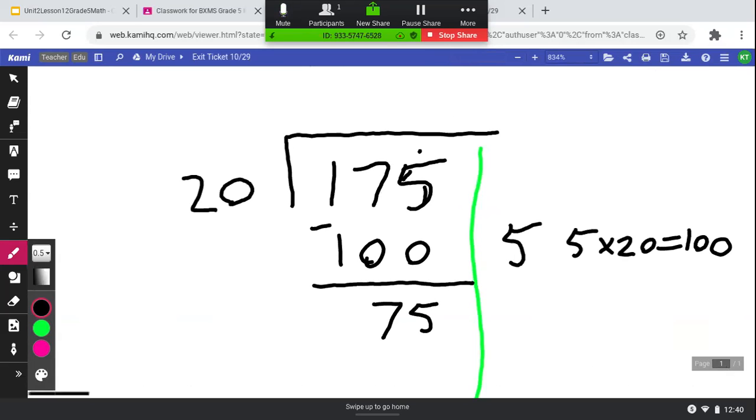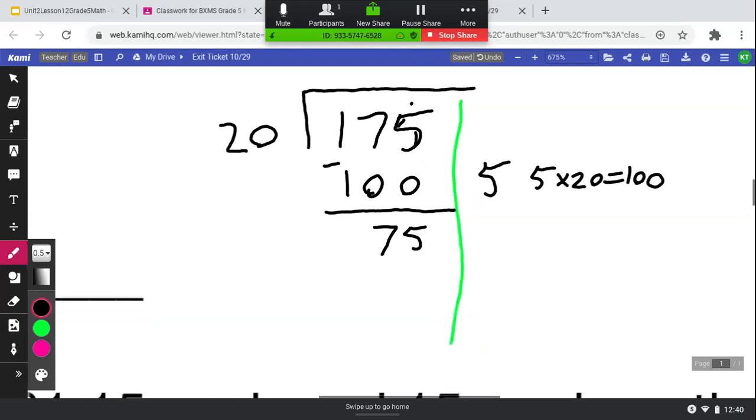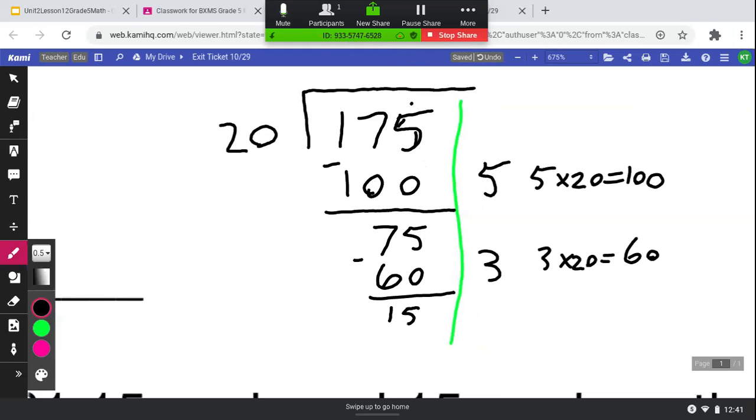So how many times does 20 go into 75? Well, let's do 3. 3 times 20 equals 60. Subtract from 75, and I'm going to be left over with 15.